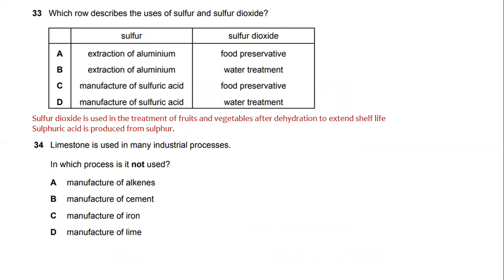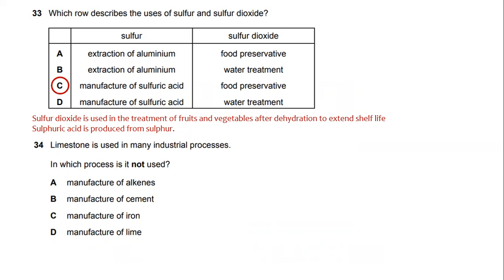And sulfuric acid is produced from sulfur. So you can see the answer for this will be C. So sulfur is used in the manufacture of sulfuric acid. Meanwhile, sulfur dioxide is used as a food preservative.